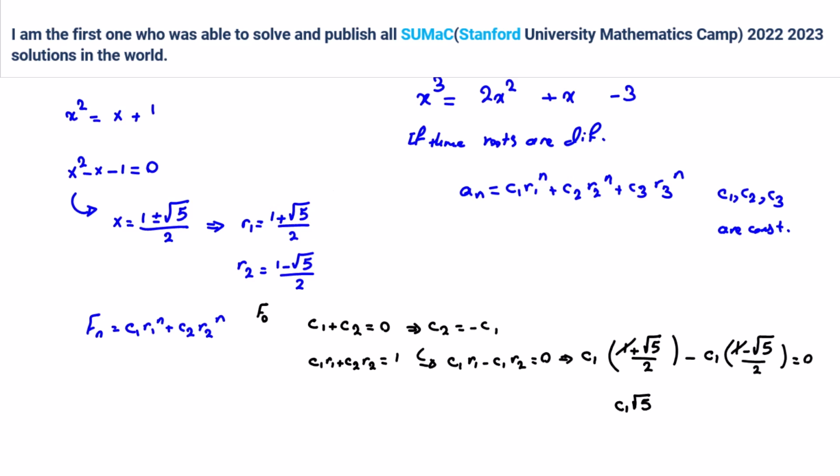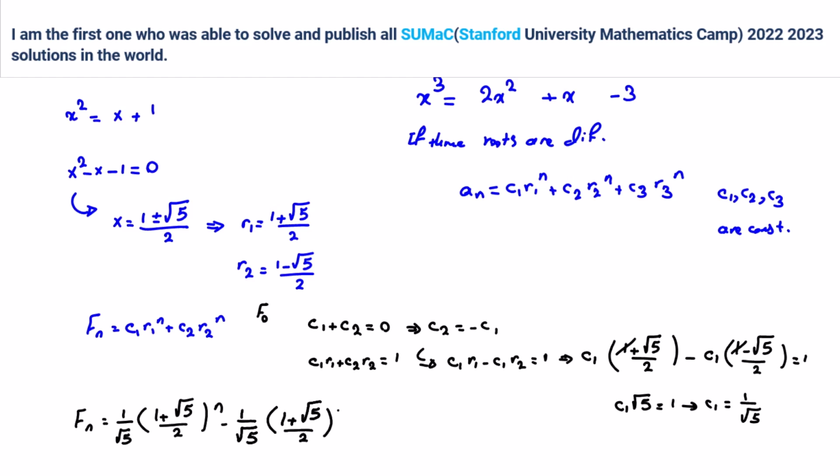Sorry, it's not 0, it's 1. So c1 is 1 over root 5. Okay, so we can say F_n is 1 over root 5 times (1 plus root 5 over 2) to the n minus 1 over root 5 times (1 minus root 5 over 2) to the n, right?